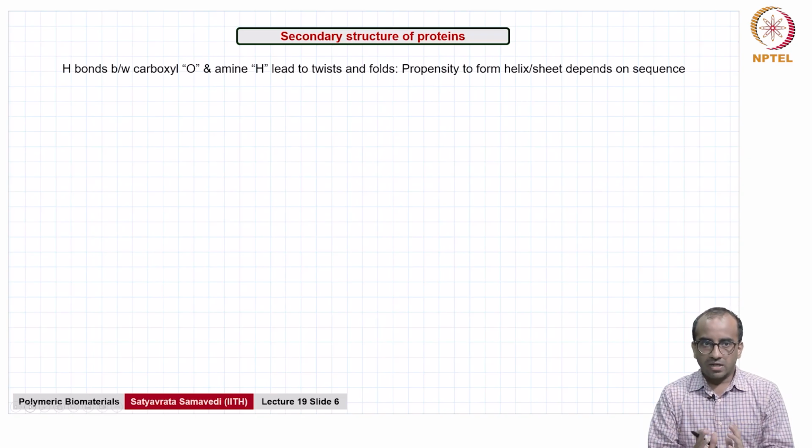Now, protein folding is a topic on its own, but for the purposes of this discussion, a couple of things you will note. One is that as we just saw, there are both hydrophobic or non-polar amino acid residues and polar or charged amino acid residues.